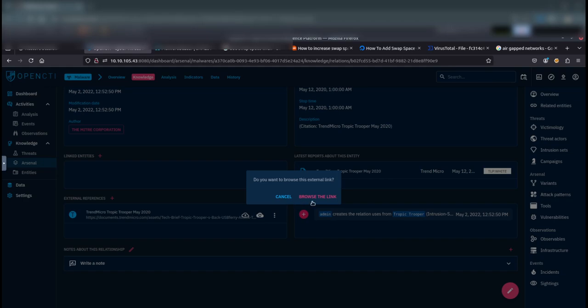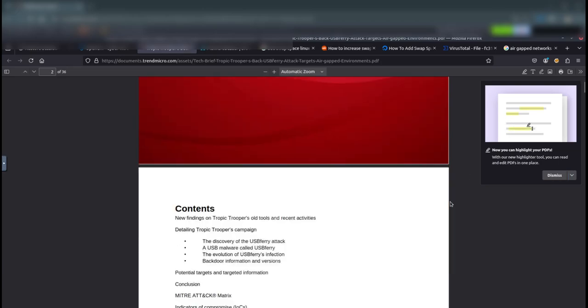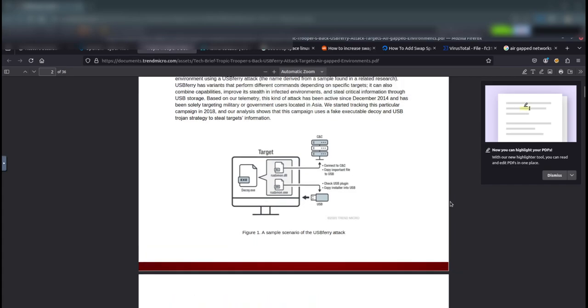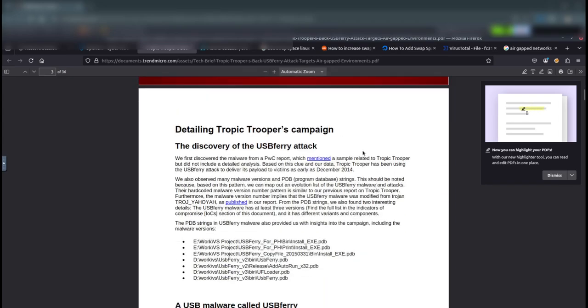So now we can, let me see the link. What do we have? Same document, I guess. We have Tropic Trooper, aka KeyBoy. And we have the attack.